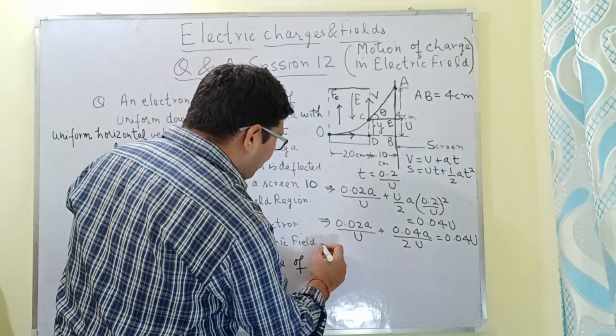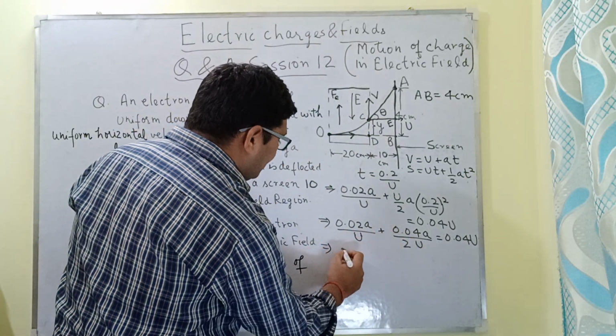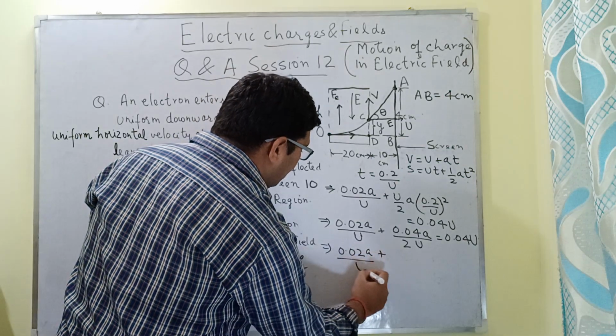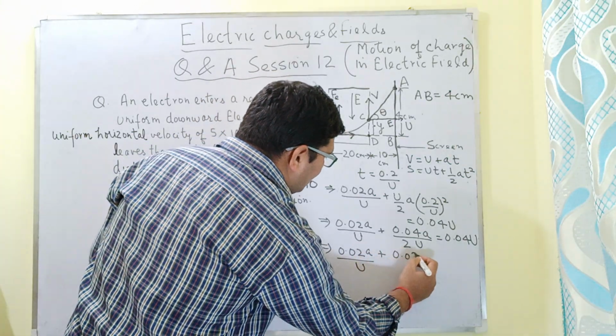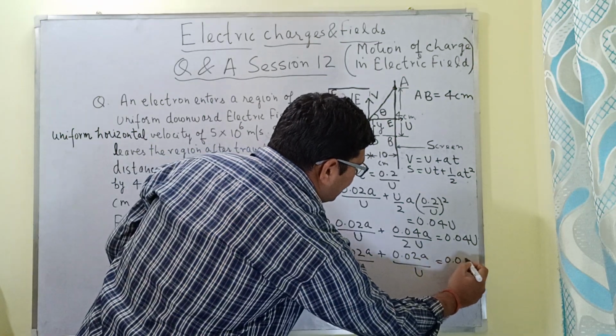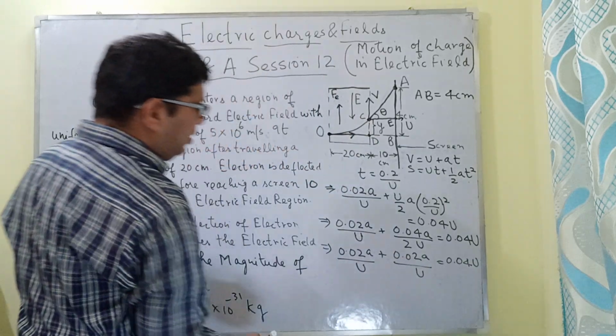So finally I will be getting 0.02 a upon u plus 0.02 a upon u, which is equal to 0.04 u.